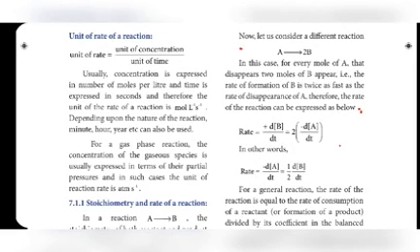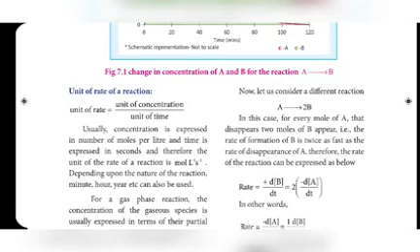In this case, for every mole of A that disappears, 2 moles of B appear. 1 A gives 2 B. That is, the rate of formation of B is twice as fast as the rate of disappearance of A, because the rate of disappearance of A is equal to twice the rate of appearance of B.